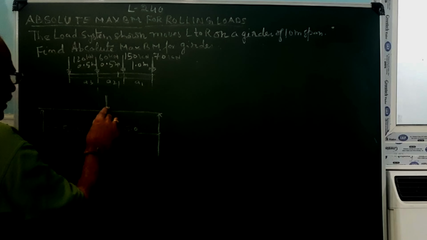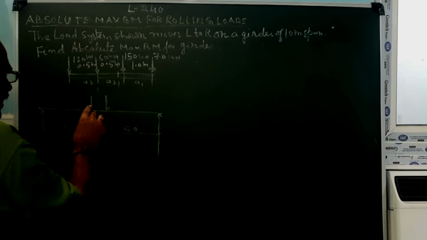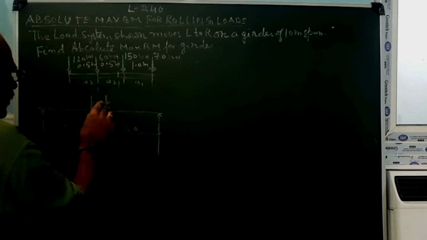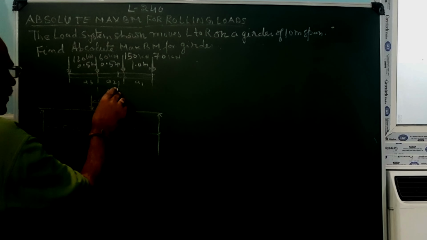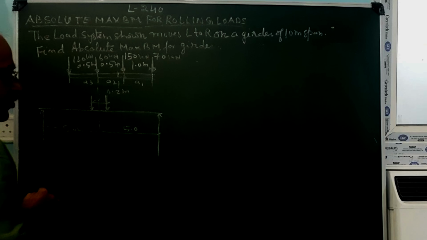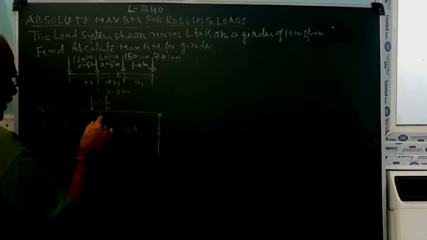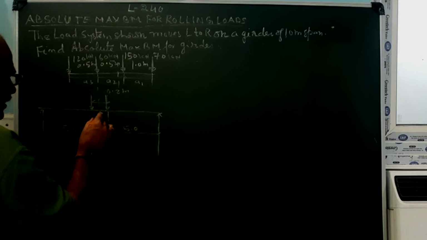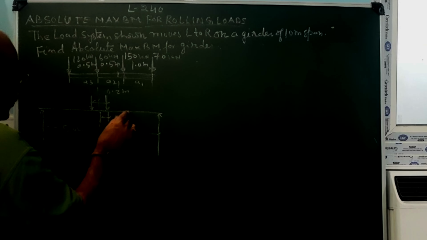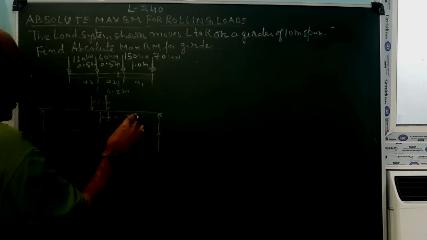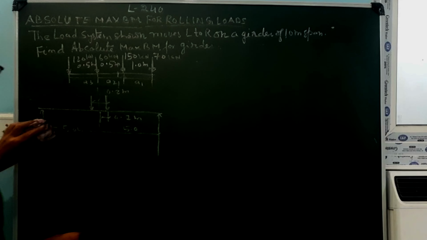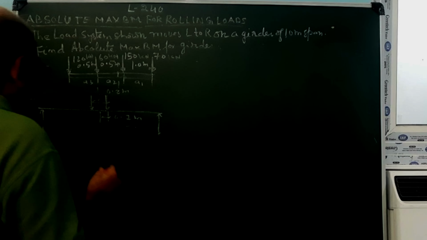Your CG will be like this, so the distance is only 0.2 meter. This is shifted like this from CG, 0.1 meter, 0.1 meter.